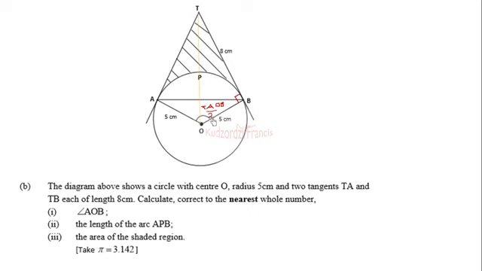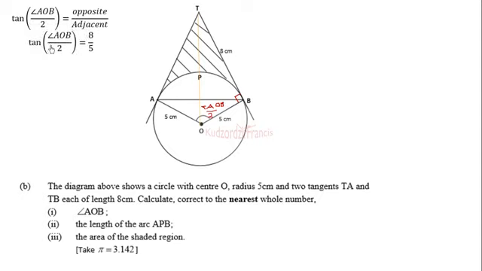So we can now take the tangent of this angle, because we know the opposite side and we know the adjacent. So tangent of half of AOB will be equal to opposite over adjacent. Remember the trig ratios, SOHCAHTOA.